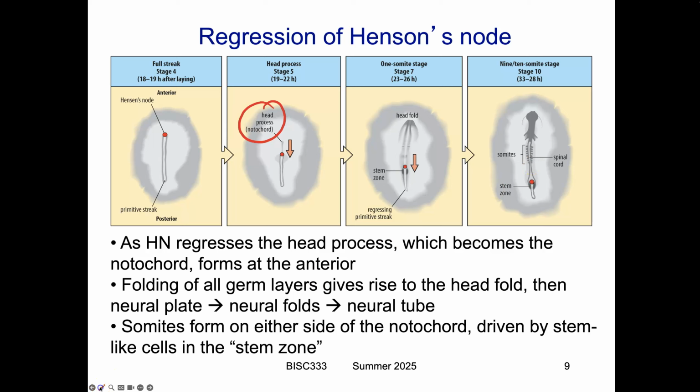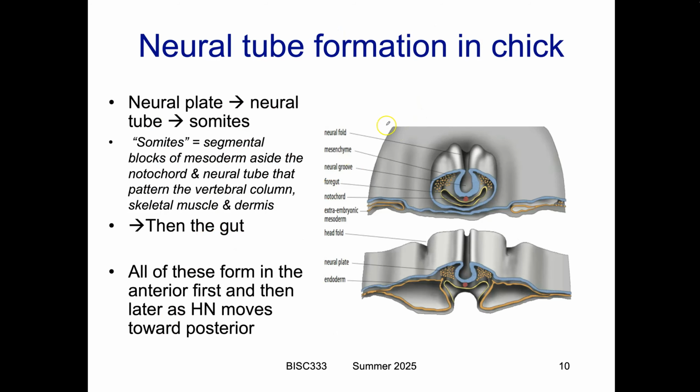And we have a whole lecture on that later on, so I just want to set the stage. So the neural tube formation of the chick, there's a neural plate that forms. The ectodermal cells on the surface get more columnar, they rise up, and then there's neural folds.